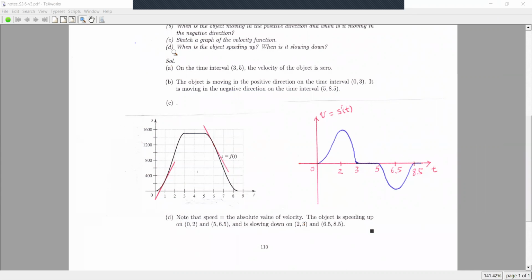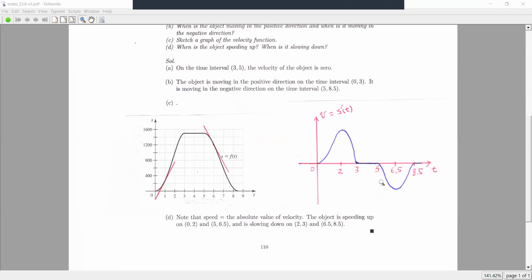So part D is asking, when is the absolute value of the velocity of the object increasing? When is the absolute value of the velocity of the object decreasing?